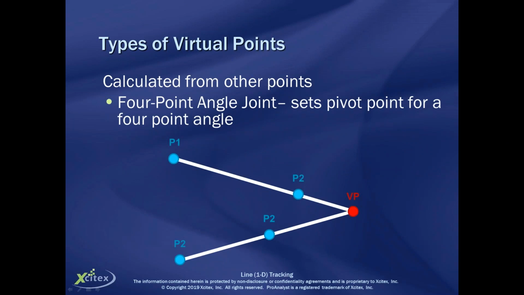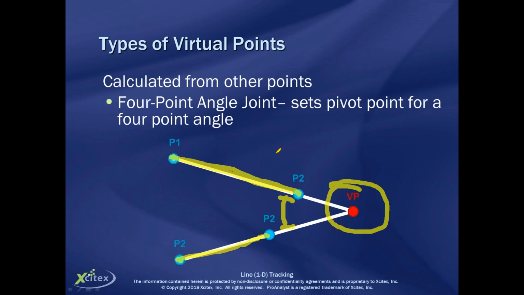Another type of calculated virtual point is called a 4-point angle join. So we have this feature within our line drawing tool where we can connect 4 points into a 4-point angle. And this is great for body reconstruction and whatnot, where if this was the leg of the individual, we would be setting an angle value and giving an angle value here based off the knee point.